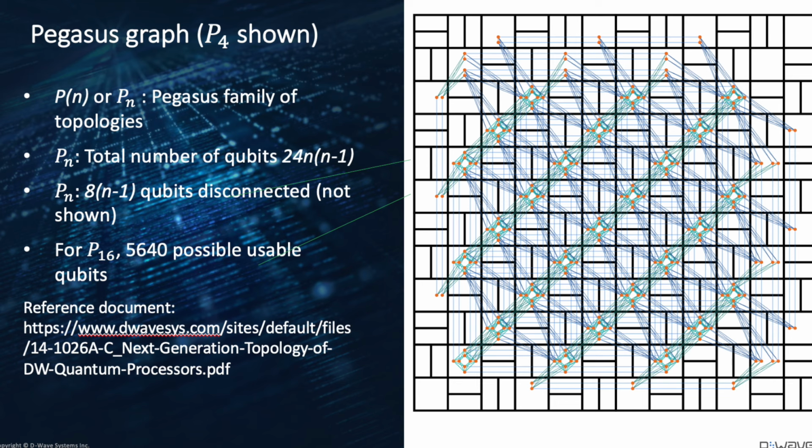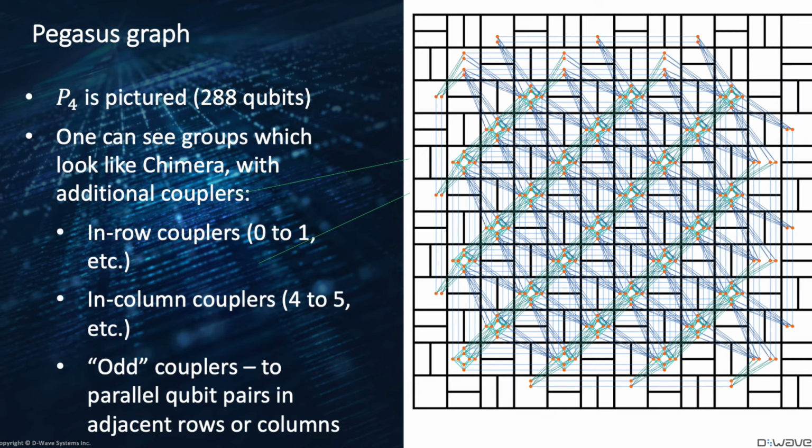Here's a reference document, by the way, if you want to get all the details of the Pegasus graph. And I'm going to hone in here on a P4, which will just give us a feel for it. The Advantage machine is a P16, but in a P4 we can show the entire thing so that you can get a look at it.